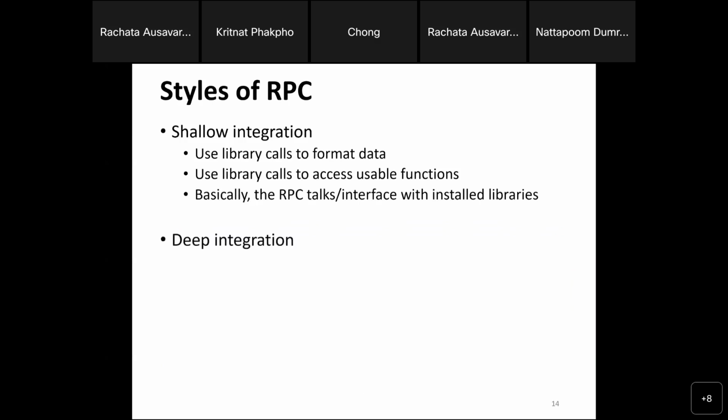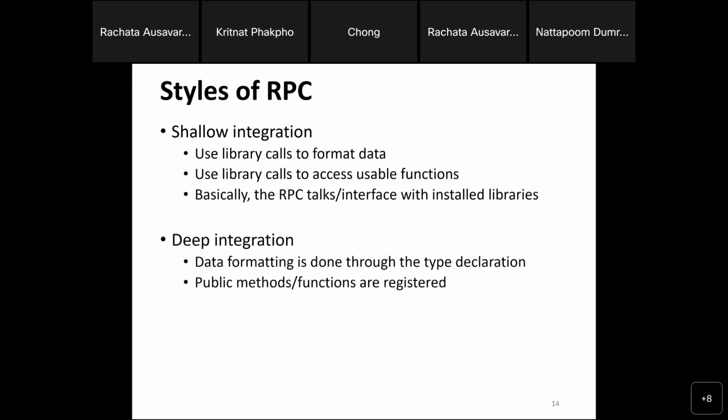Now, you can also do deep integration, which means that, hey, maybe I think I know what I'm doing. I'll build my own data formatting. I'll define whatever type I need for my application, because maybe your application really needs to optimize for a certain type, like floating point. Afterward, I'll use the IDL. The IDL is that thing that registers the function signature, right? From the other slides, I have the public functions that are registered through the IDL. I'll say, hey, people can call this function, and here's the data formatting.